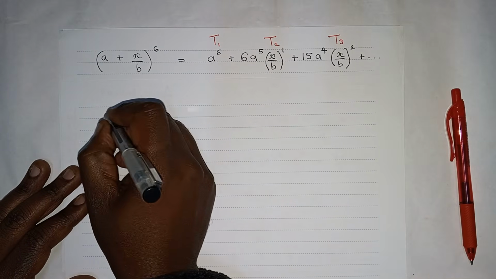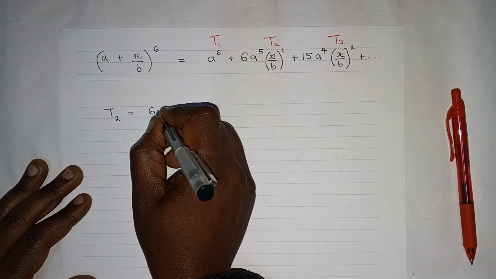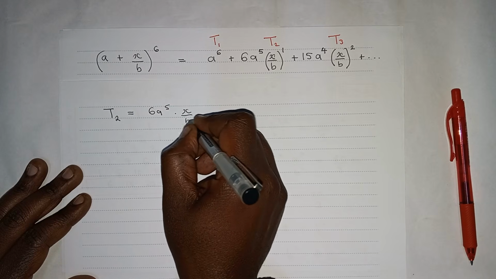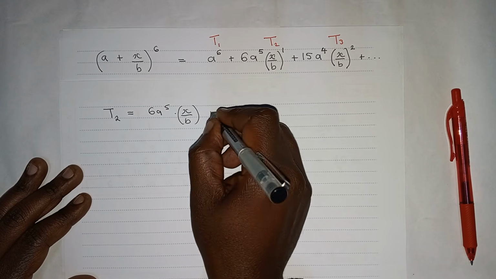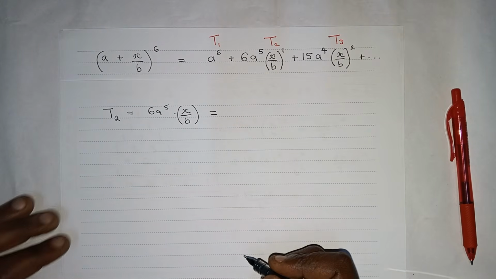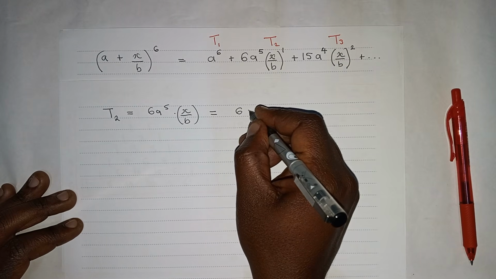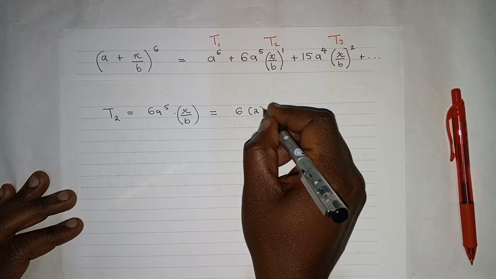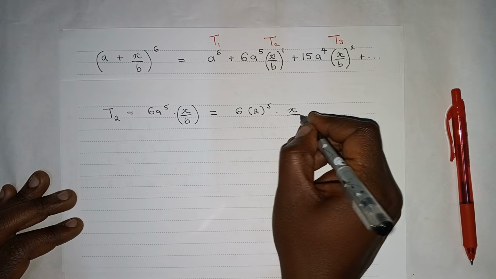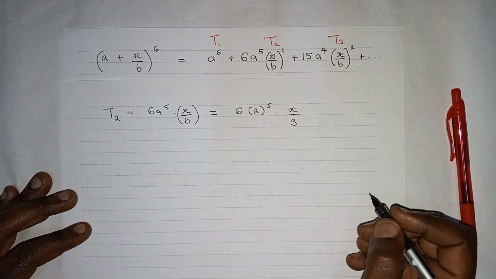So T2 is equal to 6a to the power 5 multiplied by x over b. We know the value of a. A is 2, so we're going to have 2 raised to the power 5 multiplied by x. We also know the value of b. We've already found it. It's 3.